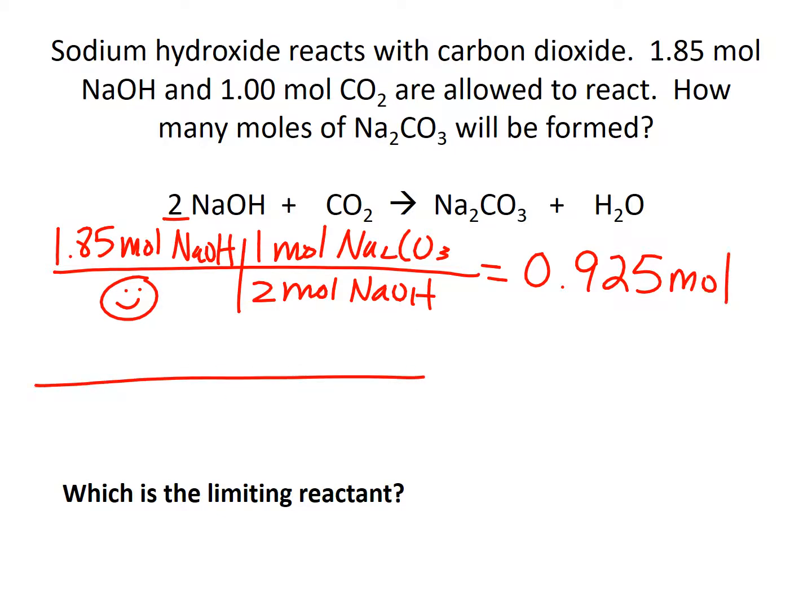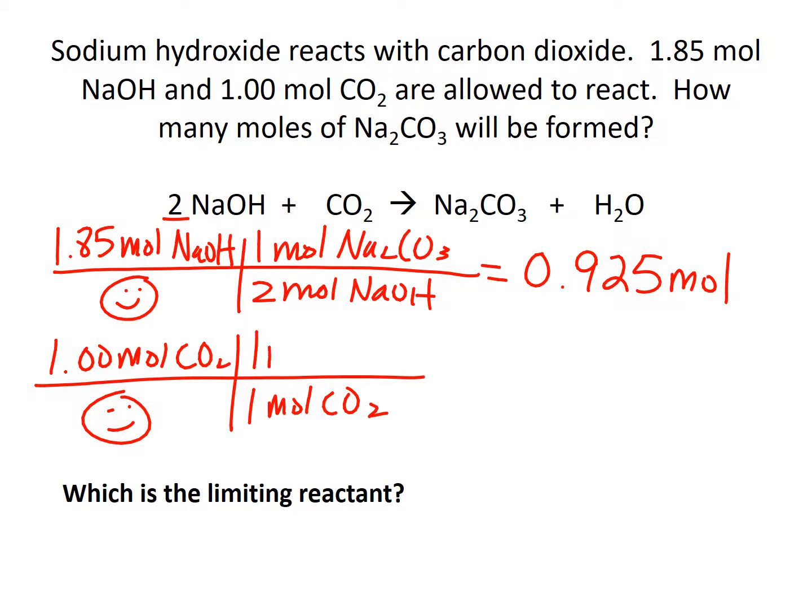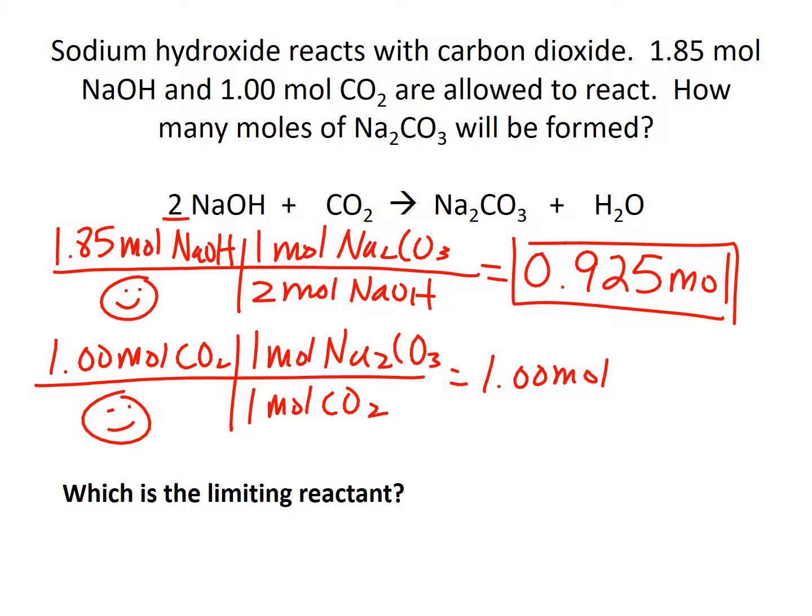Now we'll do the same exact thing for our other given, only here we have 1.00 moles of CO2. The conversion factor I'm going to use is the mole ratio that says there's 1 mole of CO2 for every 1 mole of sodium carbonate. So 1 mole of CO2 will produce 1.00 moles of product. I look at the 2 amounts and see which one is smaller. 0.925 is smaller, so my limiting reactant is sodium hydroxide.